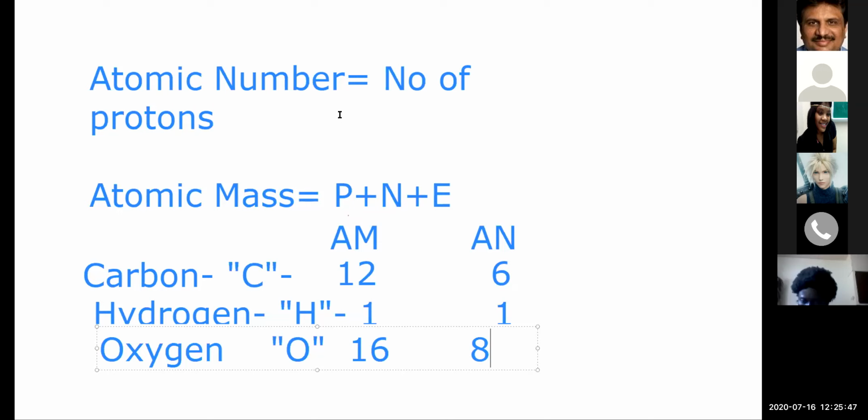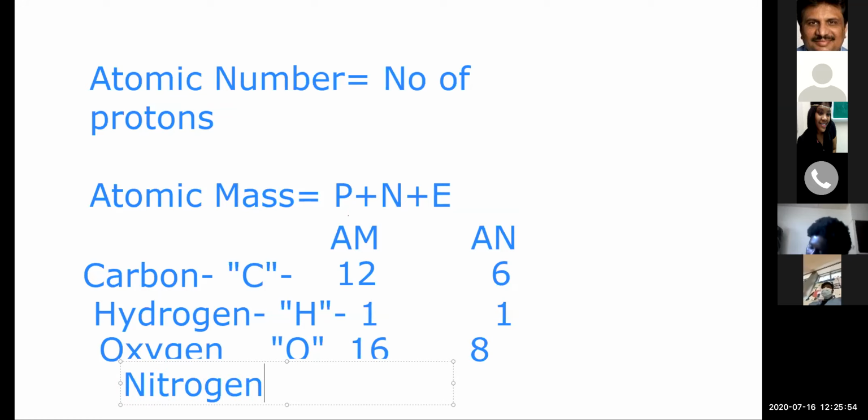Now, for nitrogen, it is represented by single letter N. Atomic mass is 14, and atomic number is 7. For phosphorus, atomic number is 30.